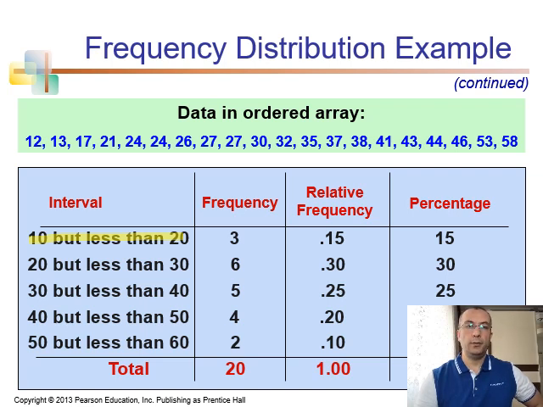Let's see. 1, 2, 3. So you put the 3 here. How many numbers are between 20 up to 30? 1, 2, 3, 4, 5, 6.